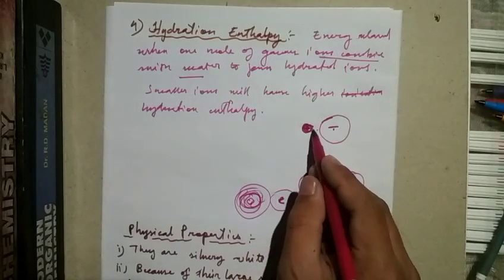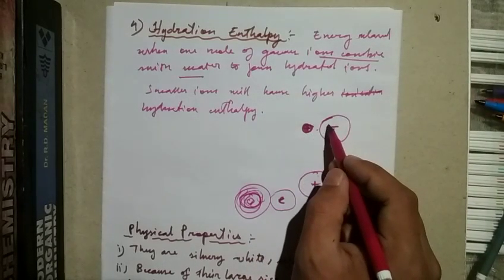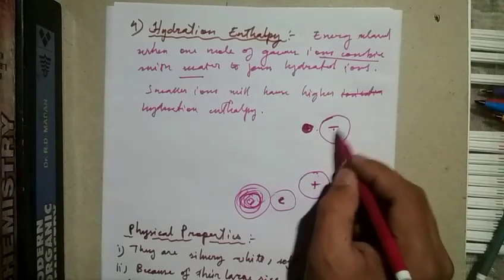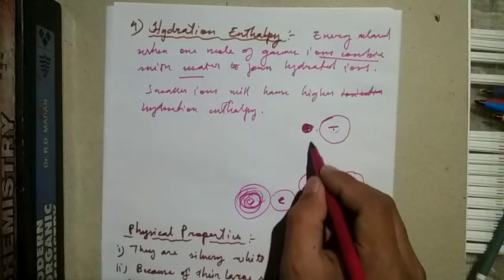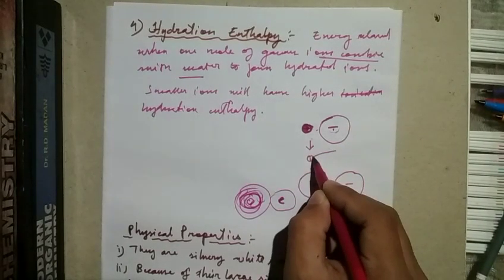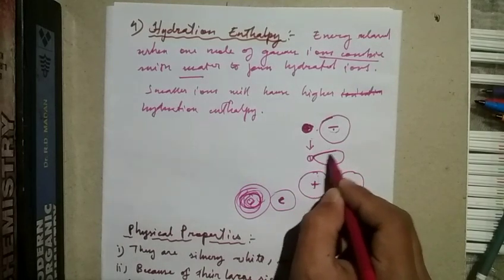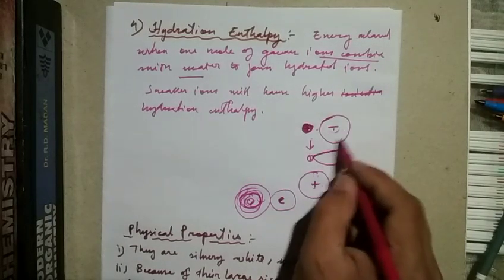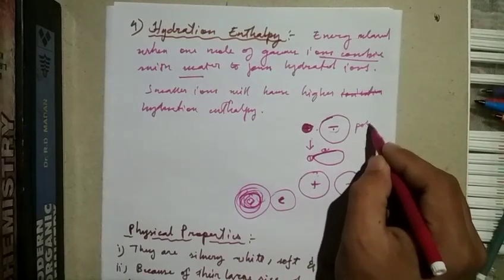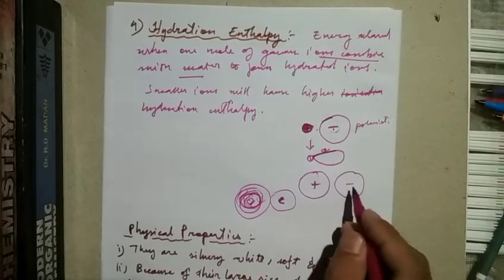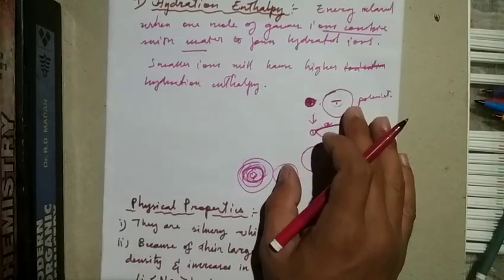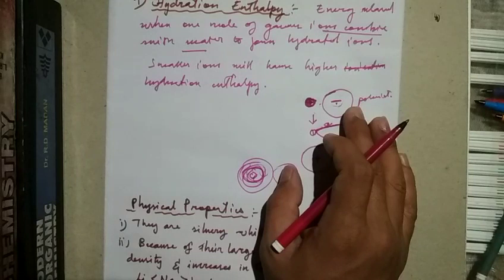So for smaller size, they can easily distort this cloud. This distortion is also known as polarizing. There is another rule known as Fajan's rule.